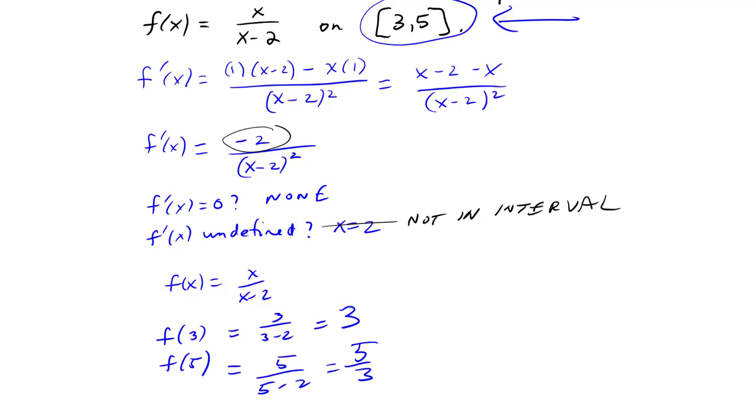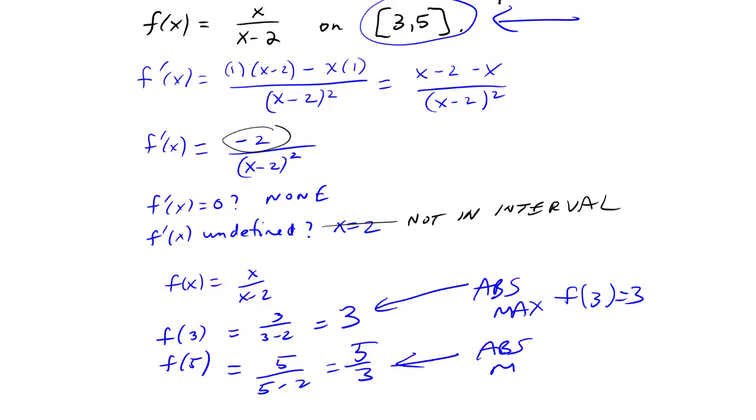So I still have 2 points to consider here, and the bigger one's going to be the absolute max, the smaller one's going to be the absolute min. So this 3 is the absolute max, and this 5/3 is your absolute min.